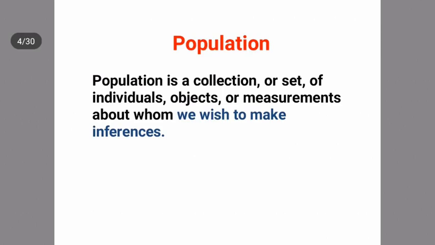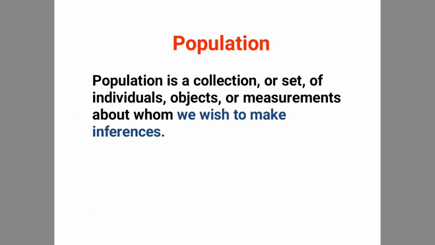The first is the population. Once we conduct a research, what we are interested in is making inference or generalization about the population. So the population must be carefully and well defined.